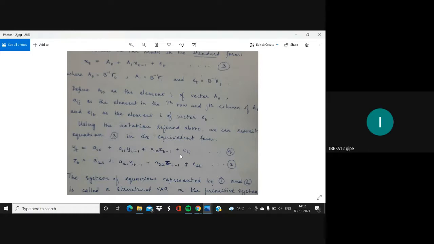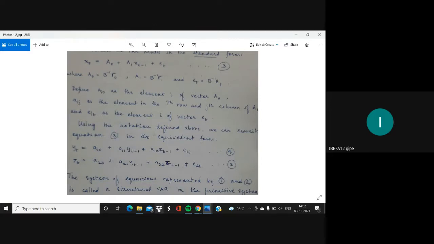Earlier, when you had the contemporaneous variables, for example, in equation 1 you had zt appearing on the right hand side, in equation 2 you had yt appearing on the right hand side. There, epsilon zt appeared indirectly in equation 1, and in equation 2 epsilon yt appeared indirectly through yt on the right hand side.